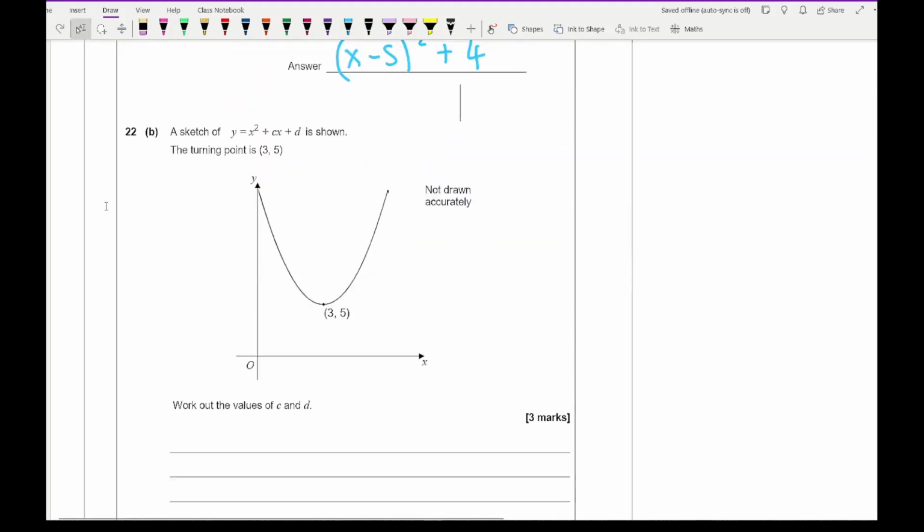Then with question 22b, it says the sketch shows y equals x squared plus cx plus d. Work out the values of c and d. Well, if the minimum point is 3, 5, then that means that the equation is going to be y equals x minus 3 squared plus 5, and if I expand that out, I get y equals x squared minus 6x plus 9 plus 5.